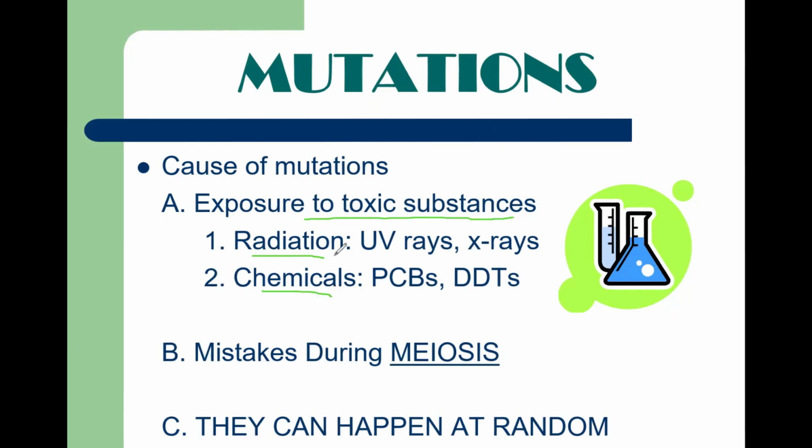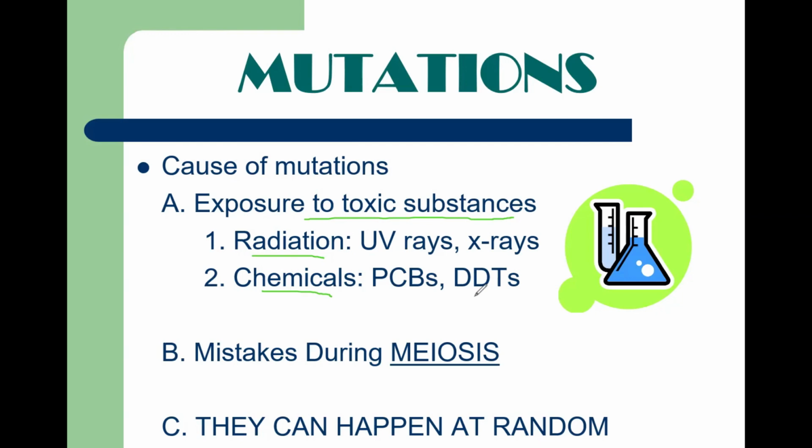And of course, we have chemicals such as PCBs and DDT, which are insecticides. These chemical substances, PCBs and DDTs, can also cause a mutation, and there are many examples of chemical substances that cause mutation.